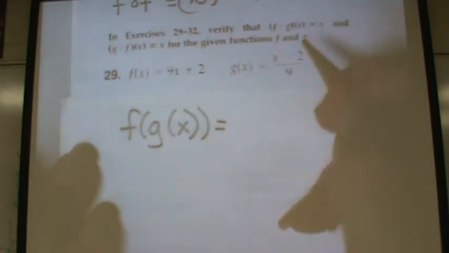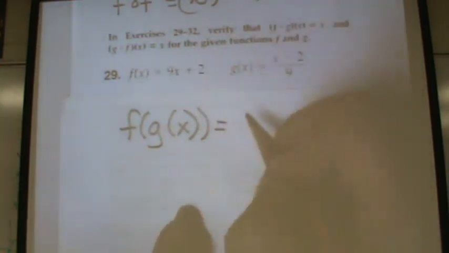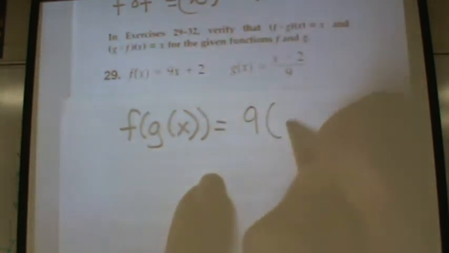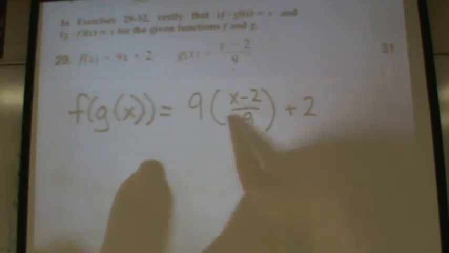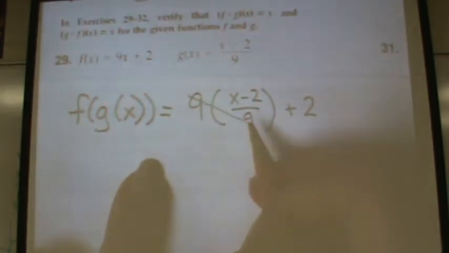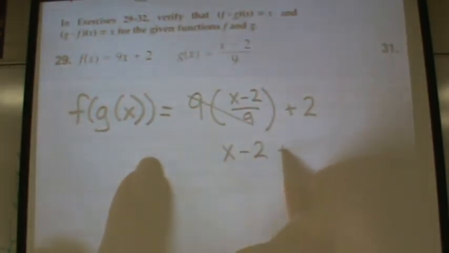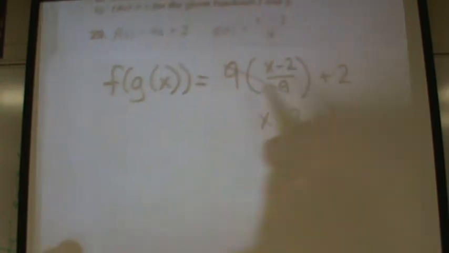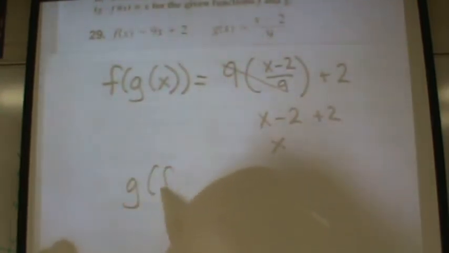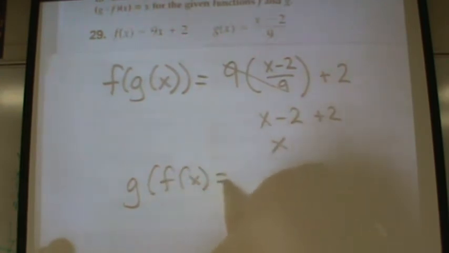So you're going to plug this in here. So 9 times x minus 2 over 9, and then plus 2. Well, we're going to simplify these. These cancel, and you have x minus 2 plus 2. The 2's cancel, and you have x. So that one works.